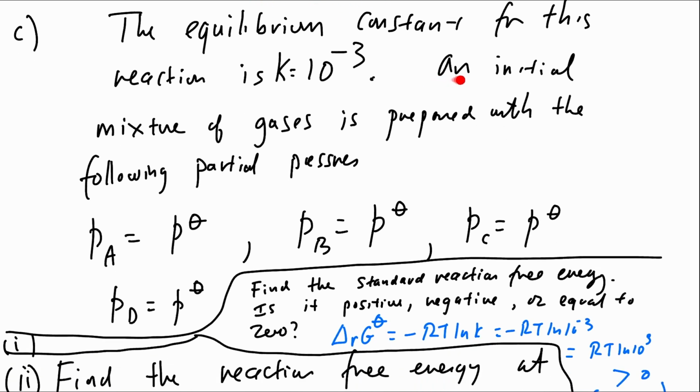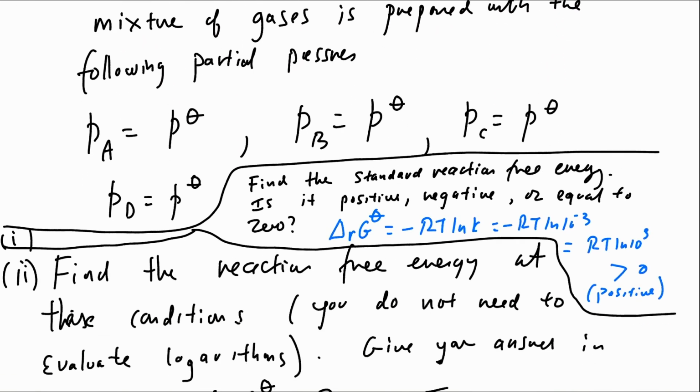But let's see if that bears out in my calculations. So I prepared an initial mixture of gases at the following partial pressures. A, B, C, and D are all prepared at their standard state, okay? Now, I forgot to put this one in, and I might have even put that one before the pressures.